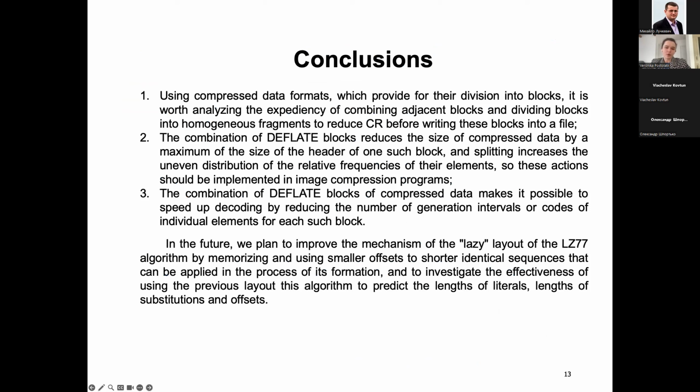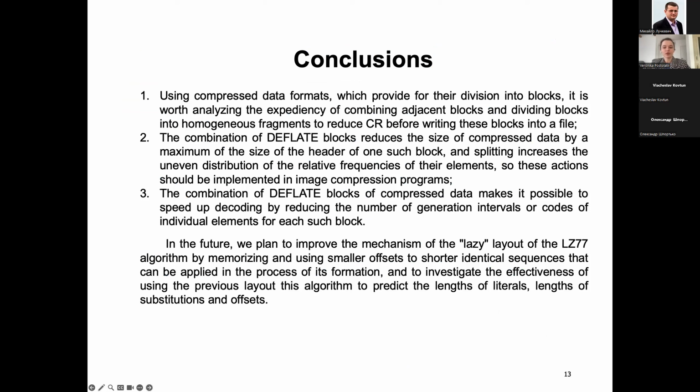Here are our conclusions. First, when using compressed data formats which provide for their division into blocks, it's worth analyzing the expediency of combining adjacent blocks and dividing blocks into homogeneous fragments to reduce the compressed size before writing these blocks into a file.